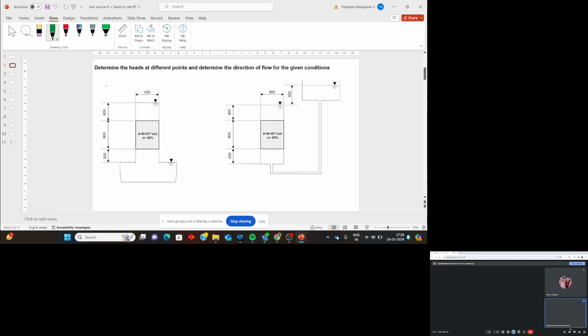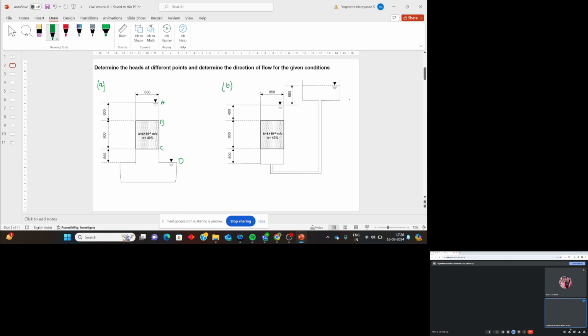One is condition A and this is condition B. Here we need to calculate for the 4 points A, B, C, and D. First we need to calculate the total heads at these points. If we calculate total head, then we will be able to determine the direction of flow.